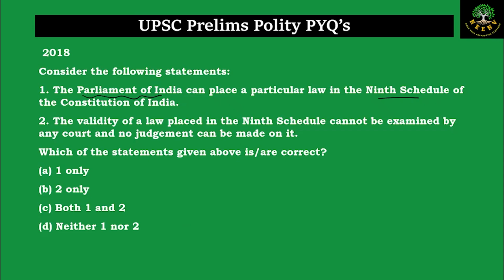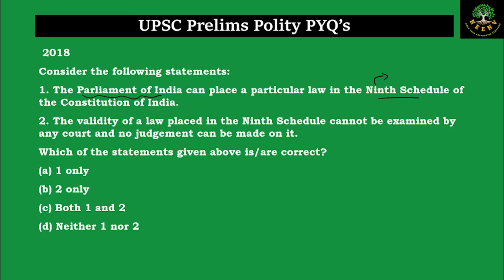Now, how would you answer this question in the exam? First, you need to think what is mentioned in the provisions of the 9th schedule. And if you recall, certain acts which are to be protected from the judicial review are added to the 9th schedule. Generally, the acts of state legislature with respect to abolition of the Zamindari system, the land reform acts, all of those are included.